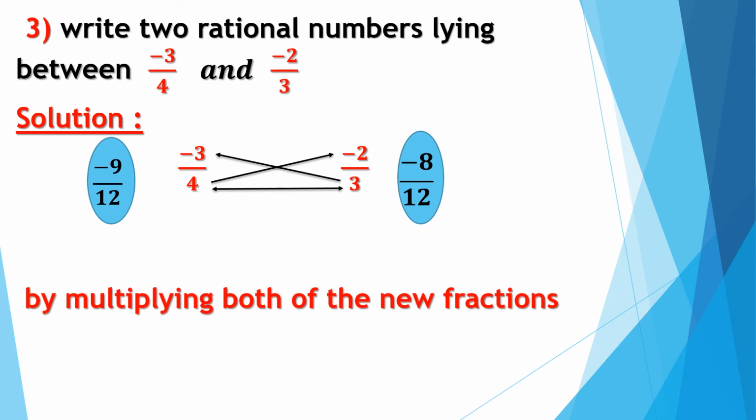By multiplying the two numbers by a new fraction, it will be 3 over 3, 4 over 4, any number we choose, to make the fractions greater, to find two numbers lying between those. It will be negative 9 over 12 times 3 over 3 and negative 8 over 12 times 3 over 3.